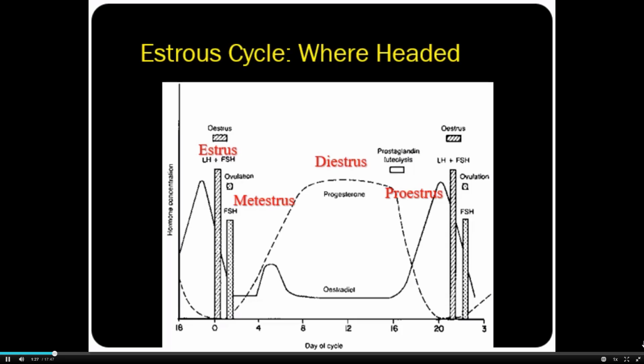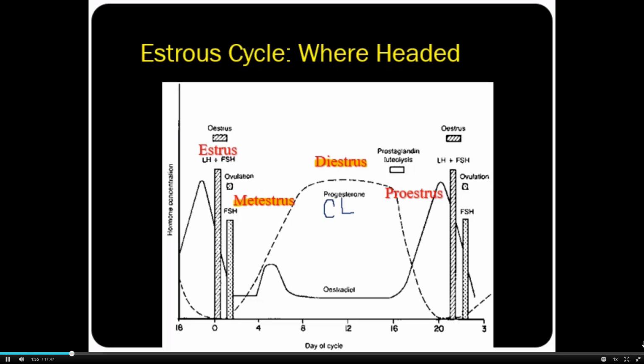So if I go over here and highlight metestrus and diestrus, in our yellow, they represent the luteal phase. I chose yellow because there's going to be a corpus luteum. Okay, that's the structure of key interest. And so during this diestrus stage, we actually have a mature CL. And remember, metestrus and diestrus, the luteal phase, represent 80% of the estrous cycle.